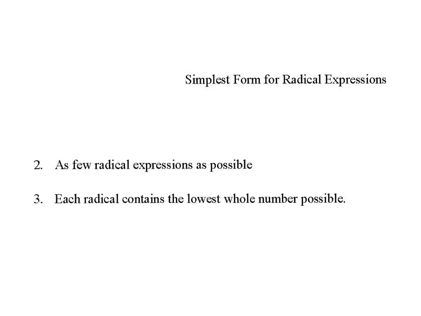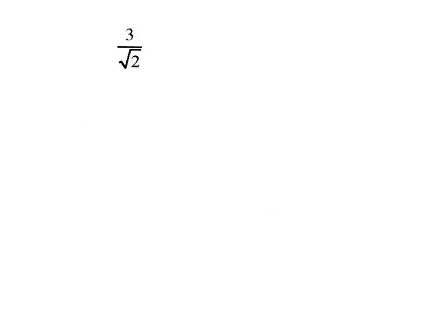There is one more rule for simplifying radical expressions, and that is there should not be any radicals in the denominators of fractions. If we run across some fractions, let's see how we would simplify those. Here's a fairly simple one to start with. We want to get the square root of 2 out of the denominator.